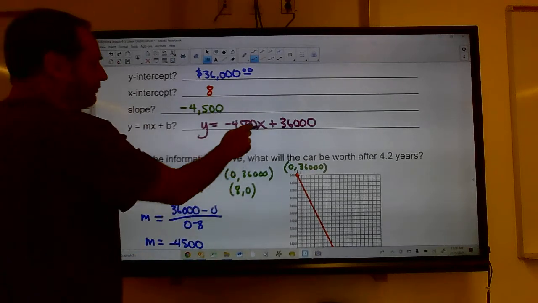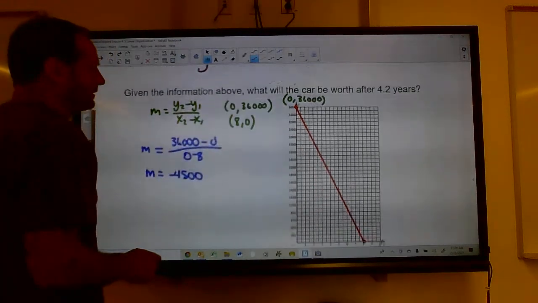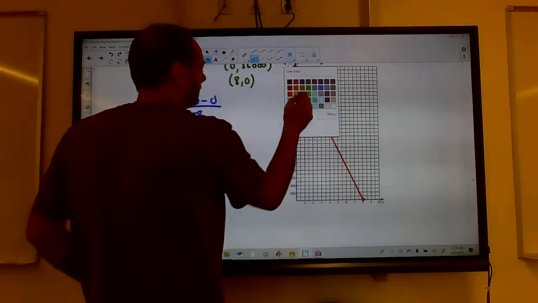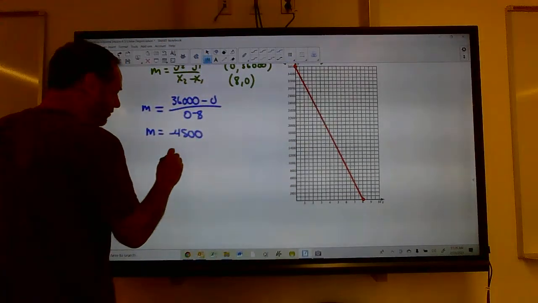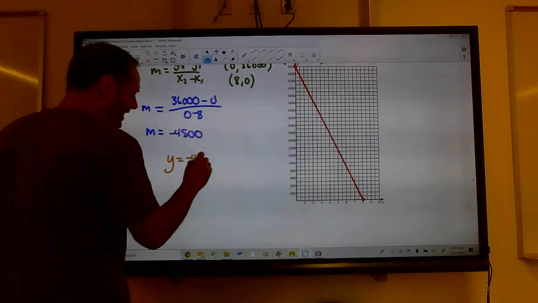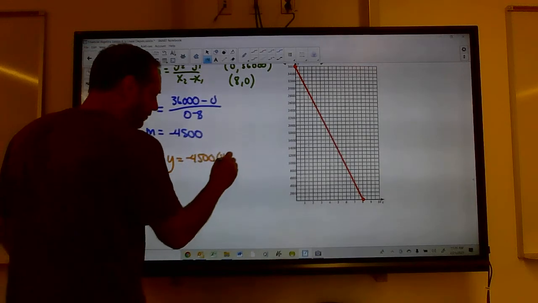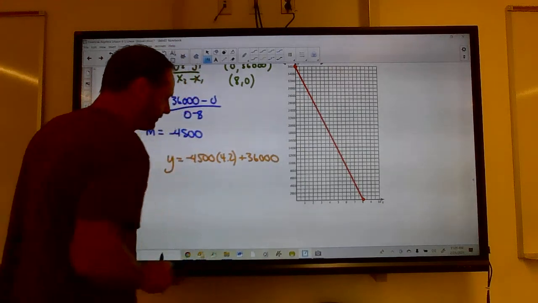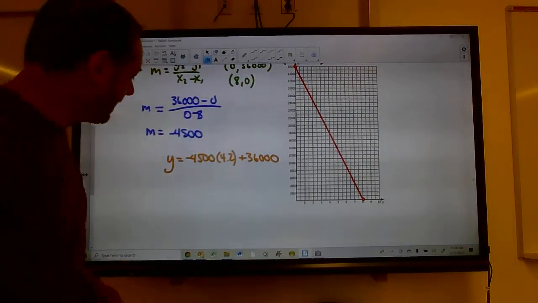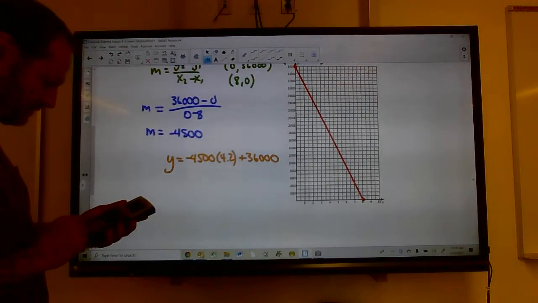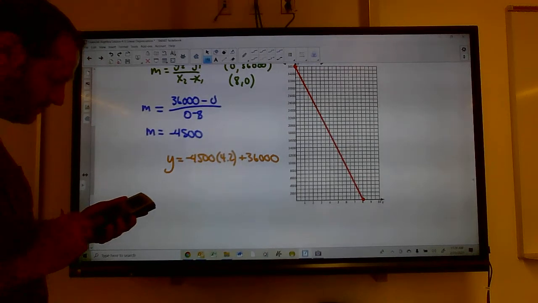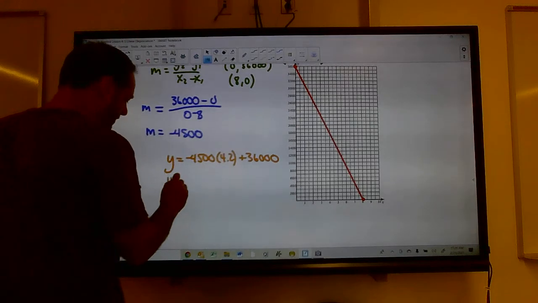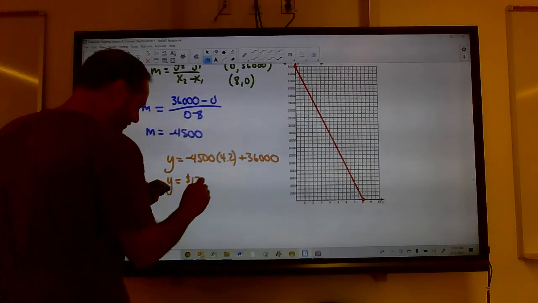So I'm going to substitute 4.2 in here for x. So y is going to be negative 4,500 times 4.2 plus 36,000. I get out my calculator, and I get y is going to be $17,100.